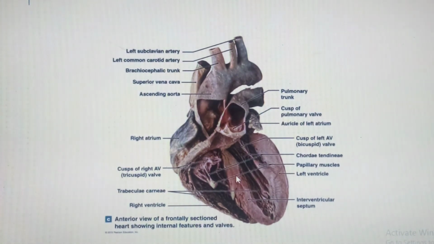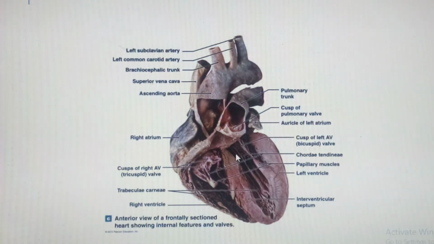Then when that happens, there's also what we call overriding of the aorta, or aortic overriding, such that instead of the aorta receiving only oxygen-rich blood from the left ventricle, the aorta also opens into the right ventricle. So both oxygen-rich and oxygen-poor blood will get mixed over here.